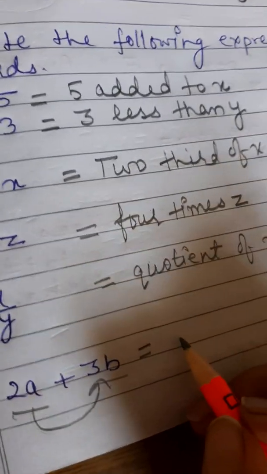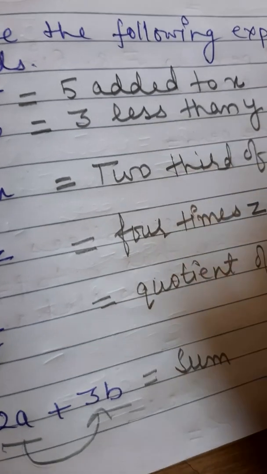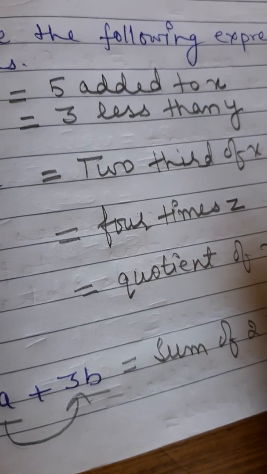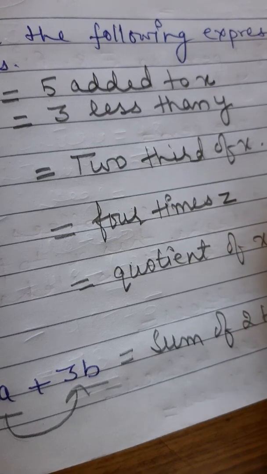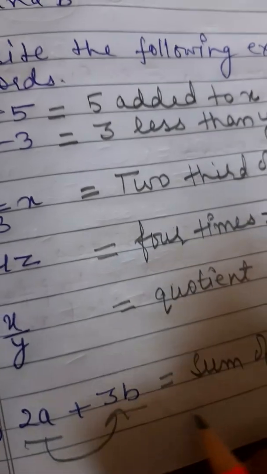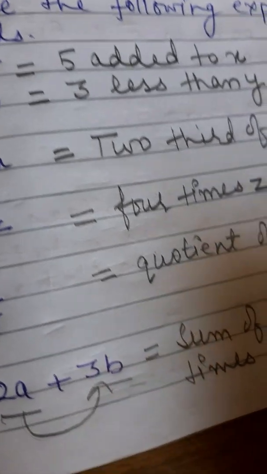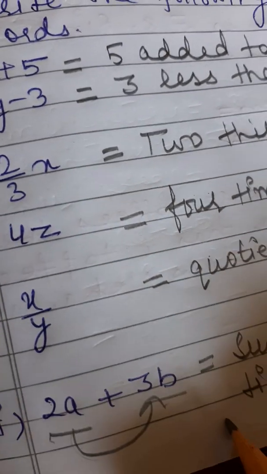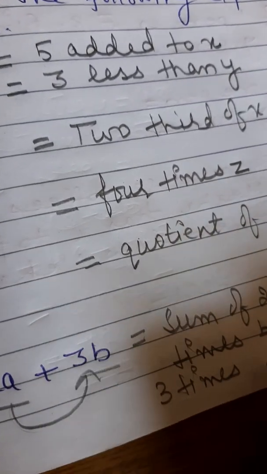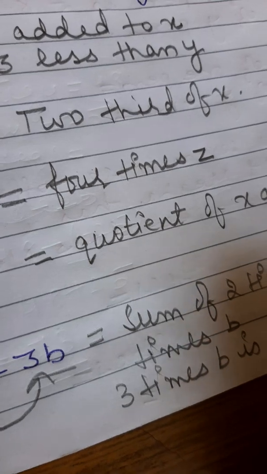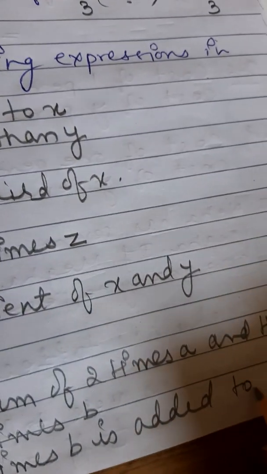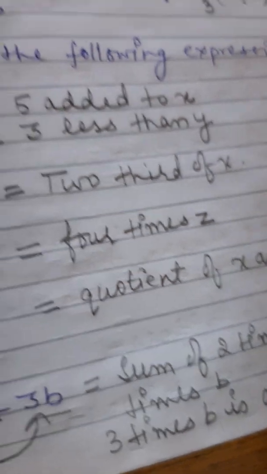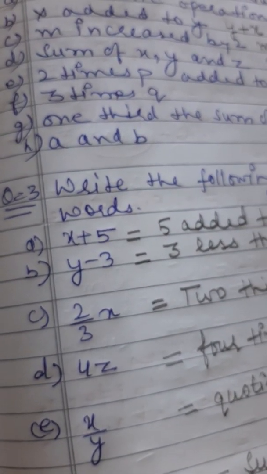So you can write it as sum of 2 times a and 3 times b, or you can write it as 3 times b is added to 2 times a, right? So in this way, students, you can solve your question number 3.